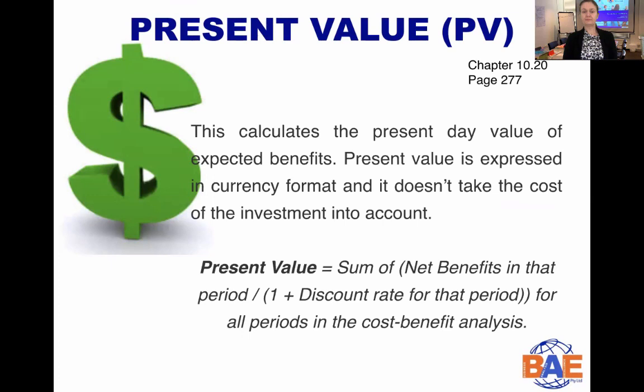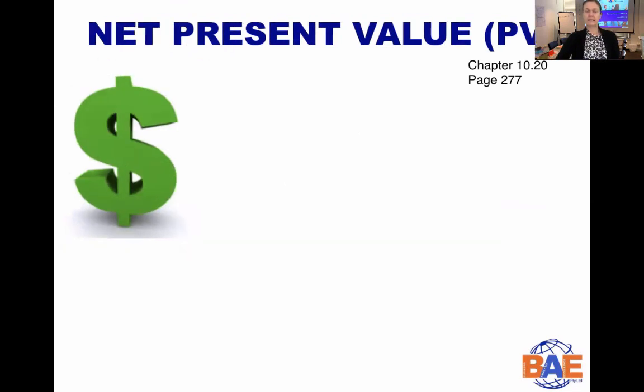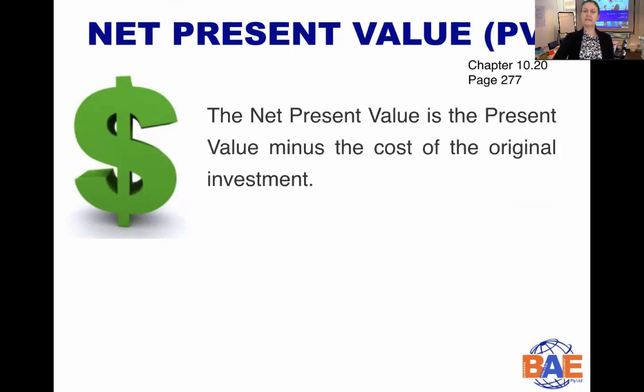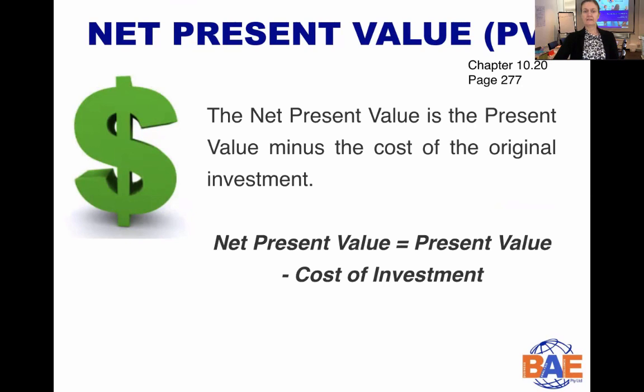So make sure that you read this formula well, and we'll have a look at an example. But let's first understand what the net present value is. The net present value is the present value that we've just calculated minus the cost of the original investment. So the net present value is simply present value minus cost of investment.